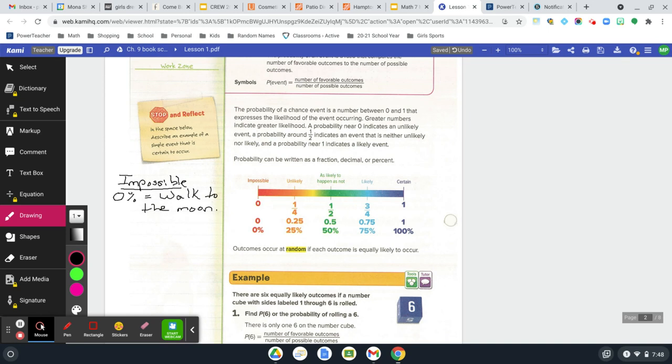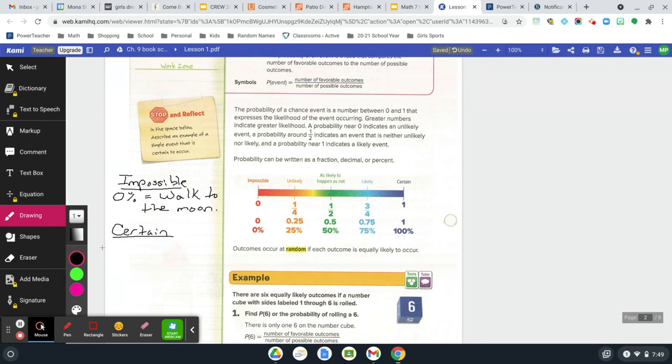Now, I'm going to go all the way to the right and talk about something that's certain. At 1 or 100%, it's 100% certain to occur. I'll give you an example over here. For something to be certain means it's going to happen 100% of the time.